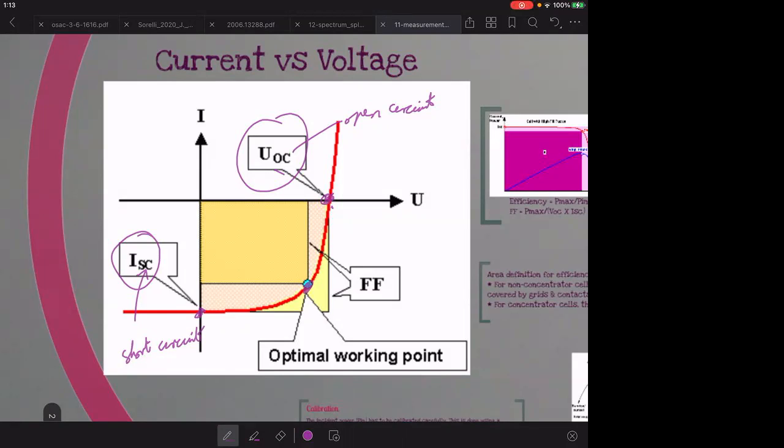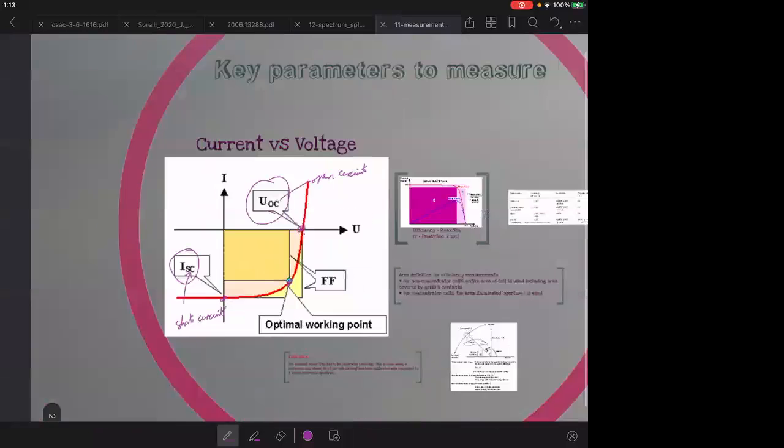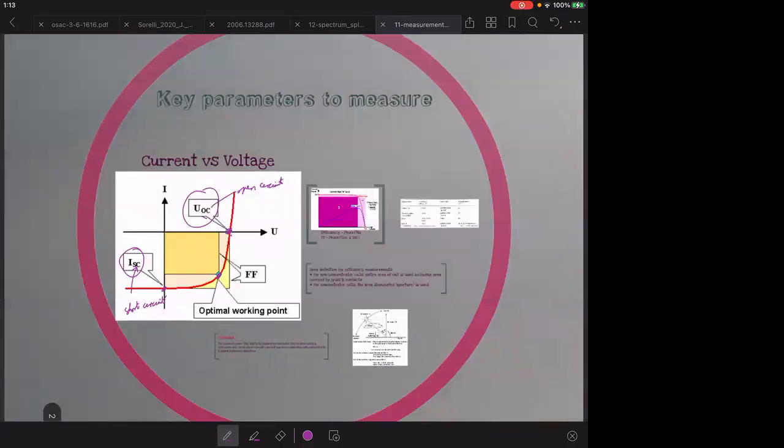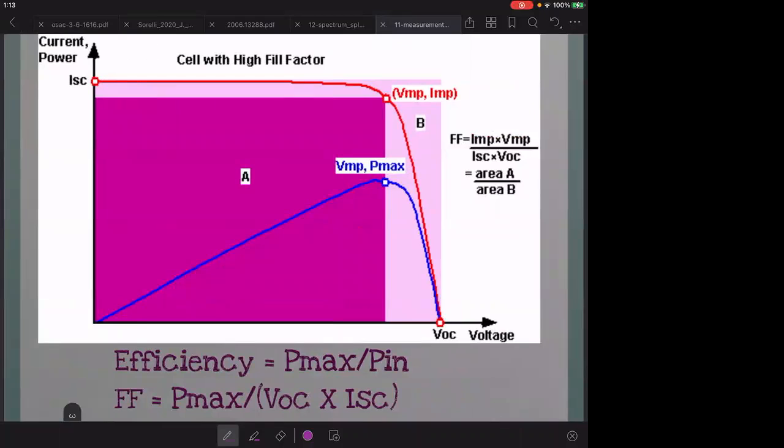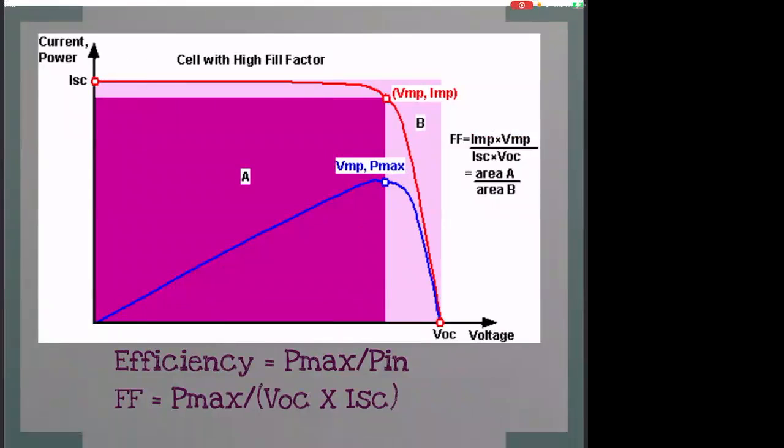And the fill factor, which you've seen before, is how square this curve is, because a square curve gives the most efficiency, since it's voltage times current. So the more square the curve is, the better the solar cell itself is. It's a simple way to think about this. Now, efficiency is defined as the maximum output power divided by the input power, which we've talked about quite a bit in the context of the CPCs.